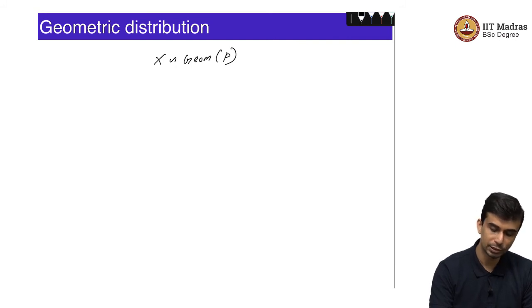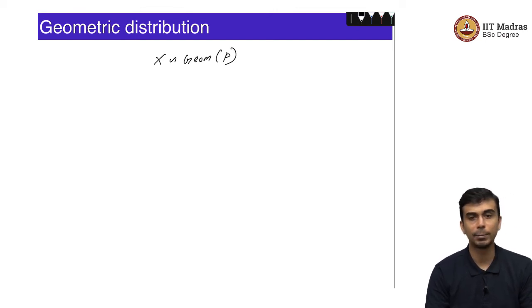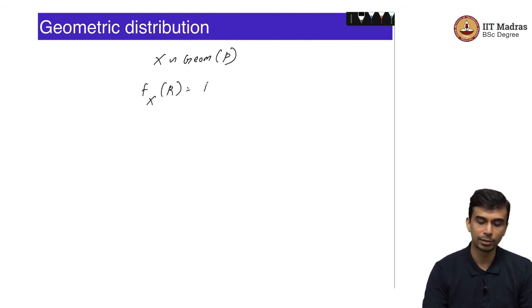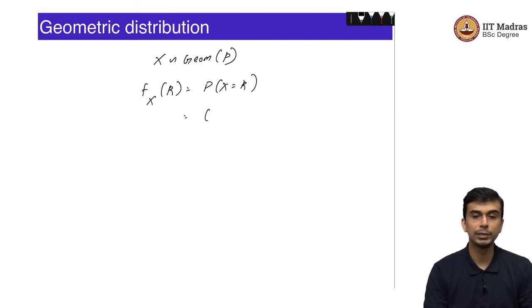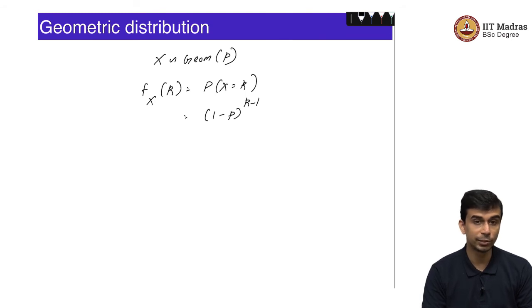So, that means that X is distributed as geometric with bias p. The bias of the coin is exactly the same as the parameter of the geometric. We will say X is distributed as geometric with p if f_X(k), which is the probability of X equal to k. What is the probability that you need exactly k coin tosses to see a head for the first time? It means that the first k minus 1 times you should have seen a tail.